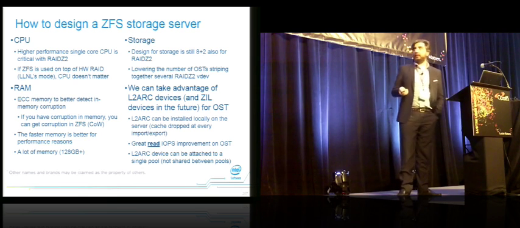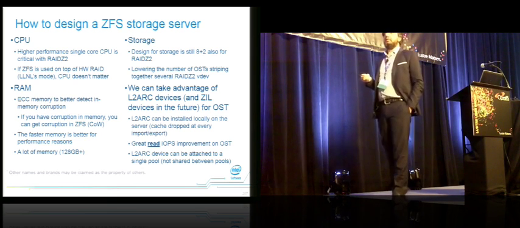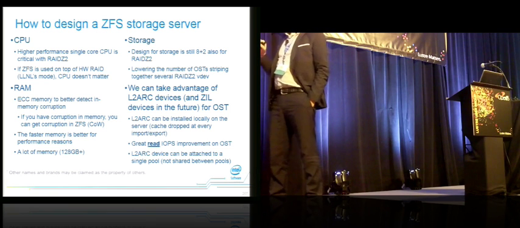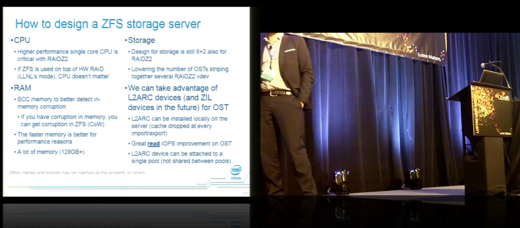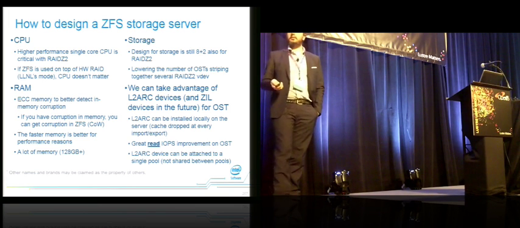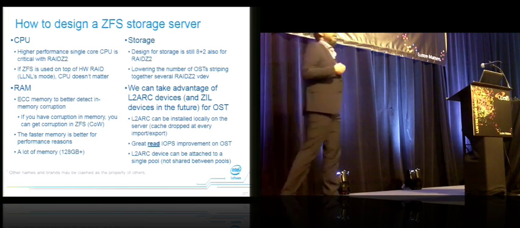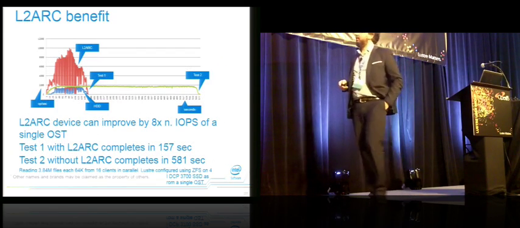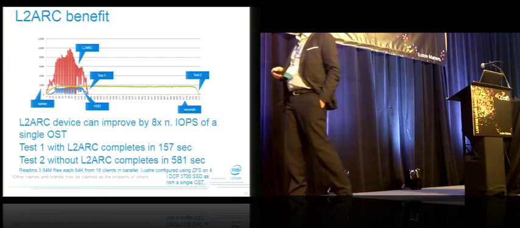You can take advantage of L2ARC, so you can use SSD disks. L2ARC is random read-only acceleration. So you can select, for example, Intel SSD disks that are very, very good in read performance. I did this experiment in my lab.